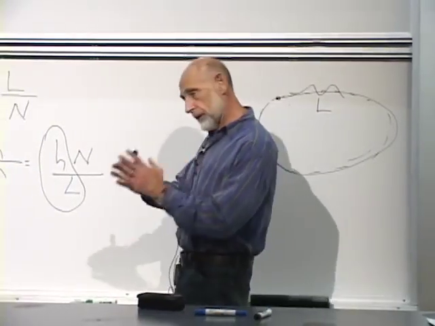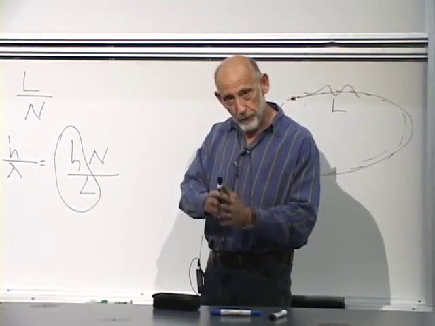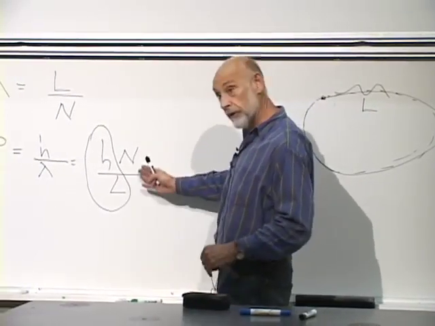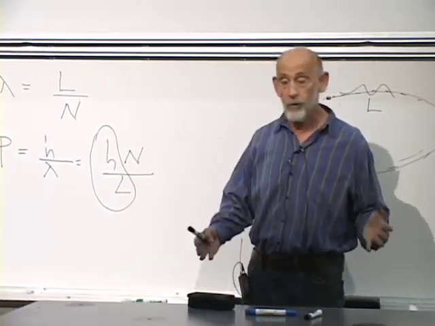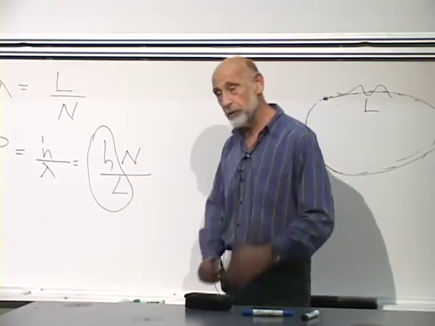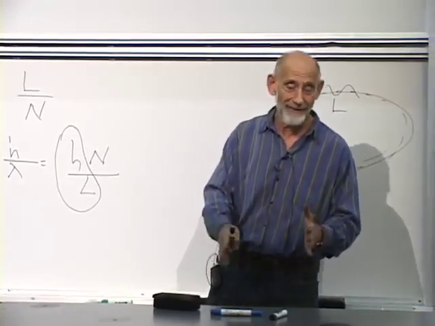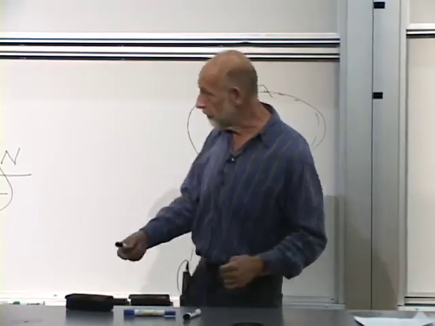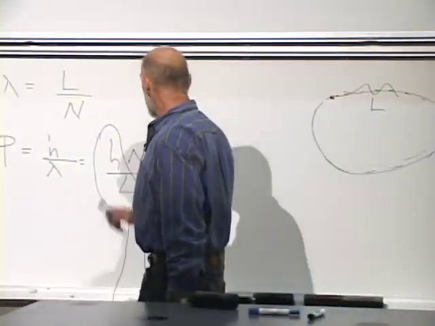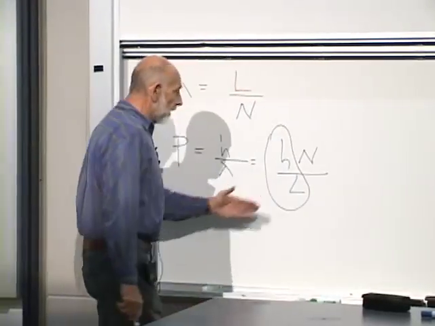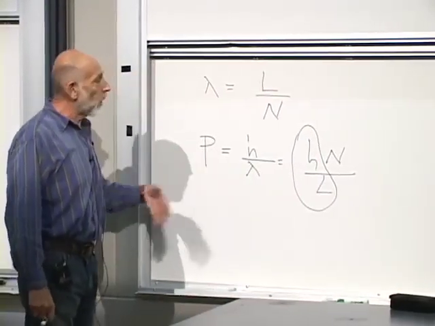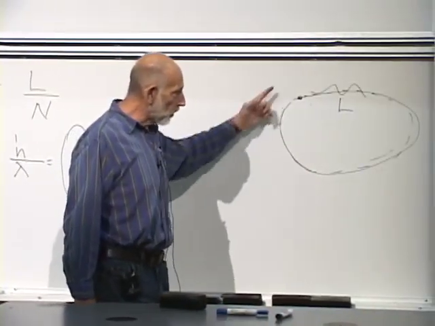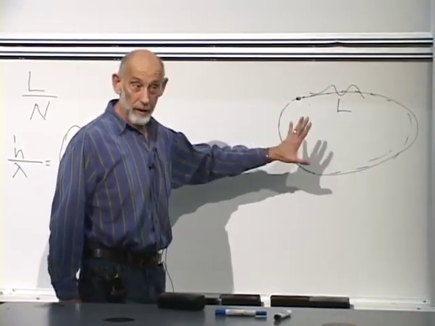And so the separation between different allowed values of the momenta is very small. If L is large and h is small, you can get a very dense collection of possible numbers. But, okay, that's the quantization of momentum in a world in which everything is periodic.